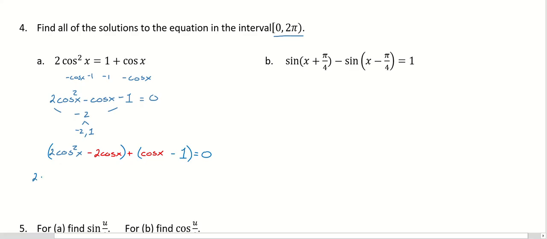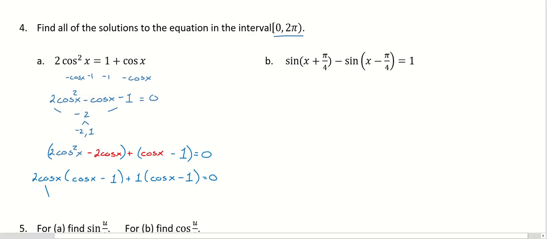This one, a 2 cosine of x, comes out, and it leaves behind a cosine x minus 1. This one is already cosine x minus 1, which means the only thing I can factor out that leaves that the same is a 1. So I'll factor out a positive 1. Still equal to 0, which means I can see 2 factors.